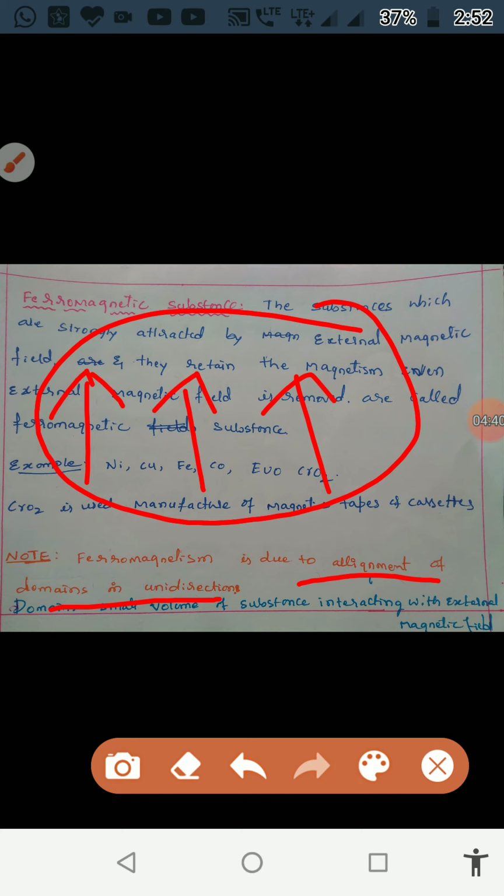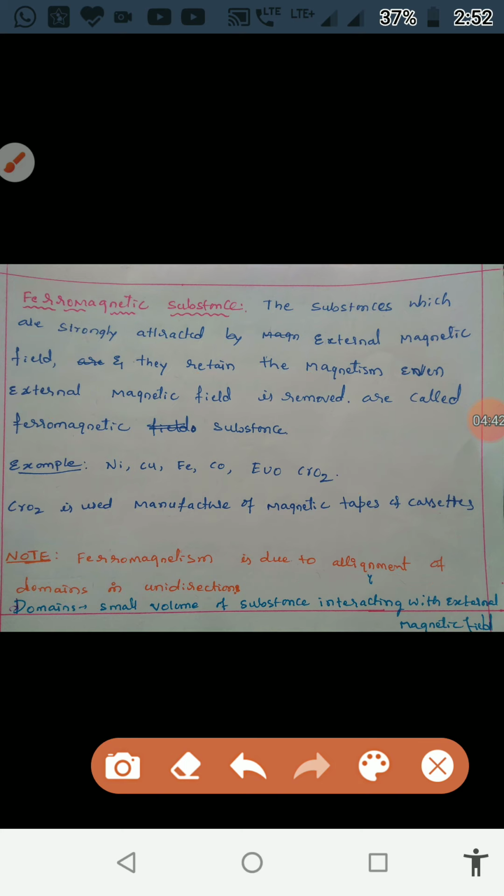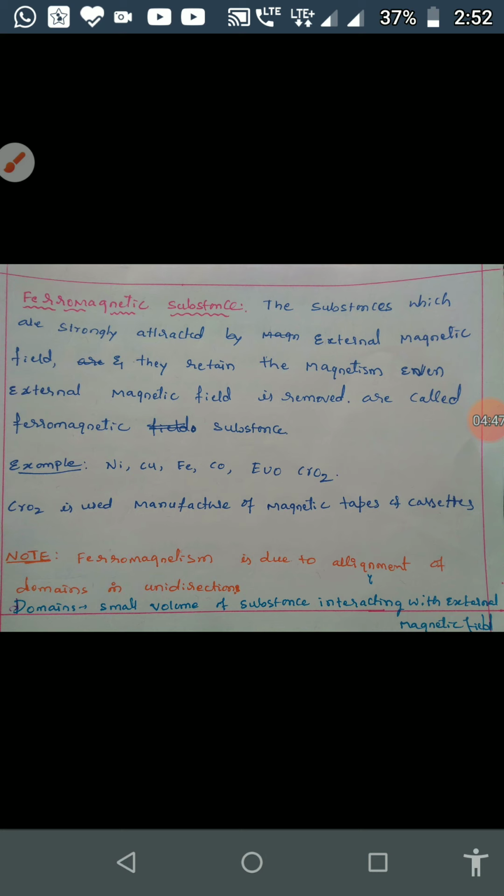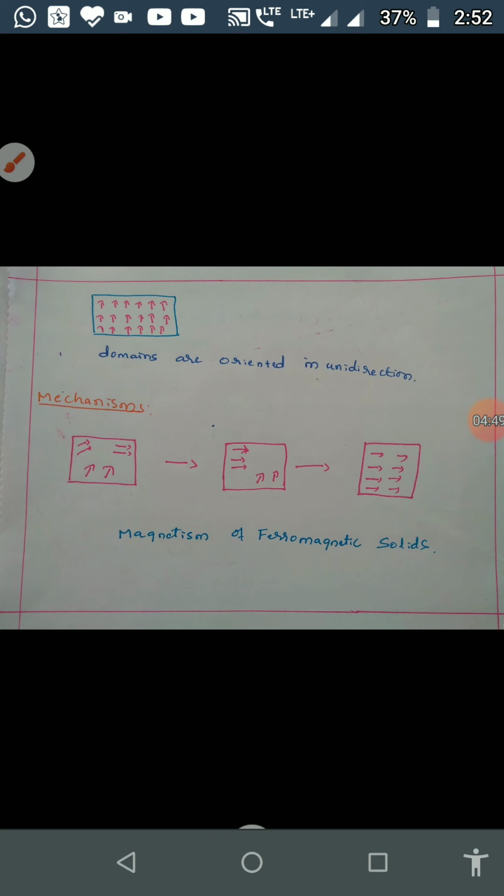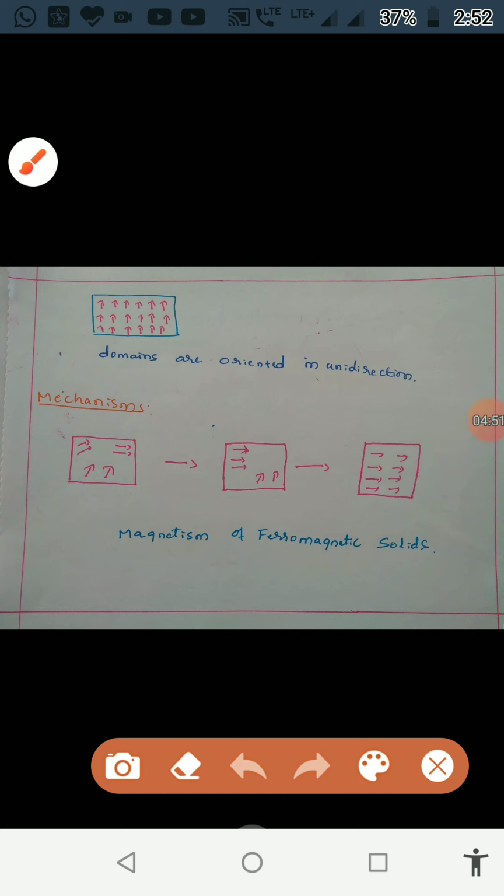In ferromagnetic substances, all these domains are oriented in a single direction. Therefore these are called ferromagnetic substances. This is the reason why they exhibit ferromagnetic characteristics.